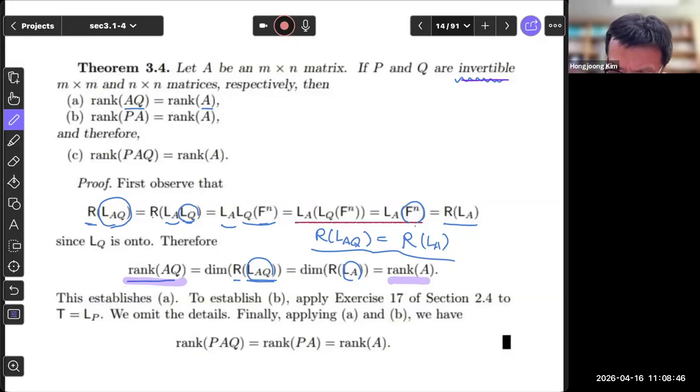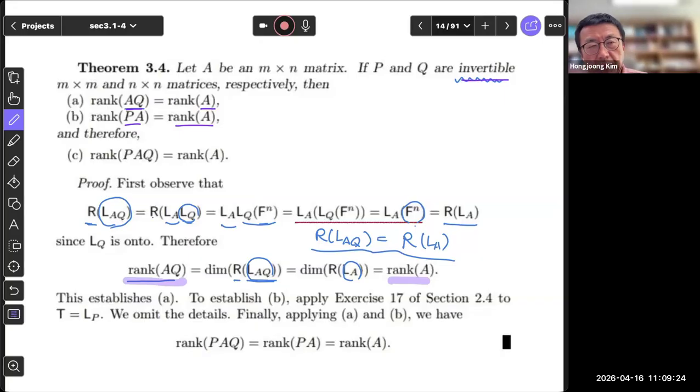So the rank of A times Q is the same as the rank of A. And if I perform a similar step, then the rank of P times A will be the same as the rank of A. So if you multiply by an invertible matrix, then the rank is not changed. In other words, the dimension of the range is not changed.